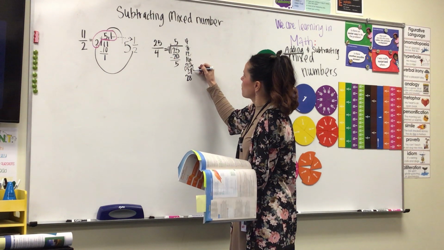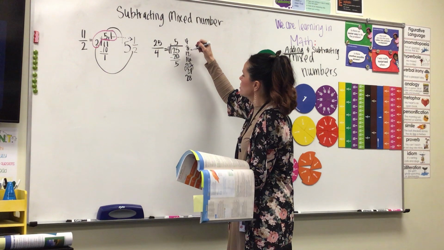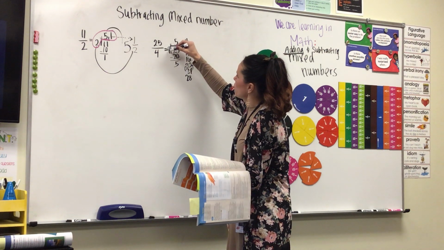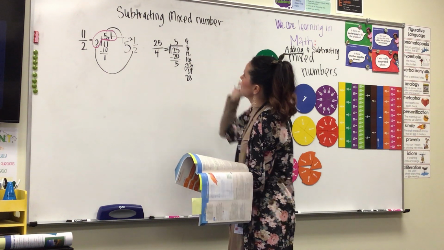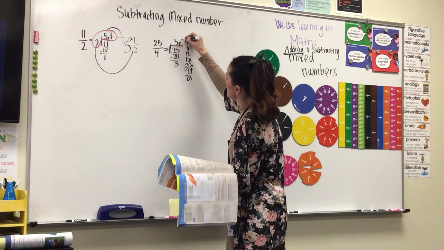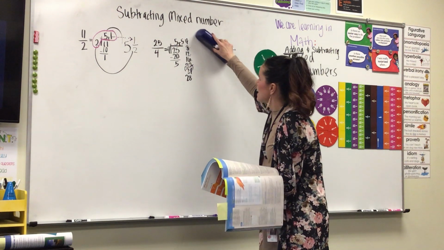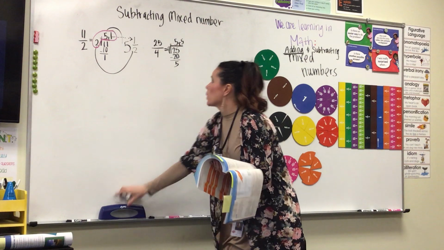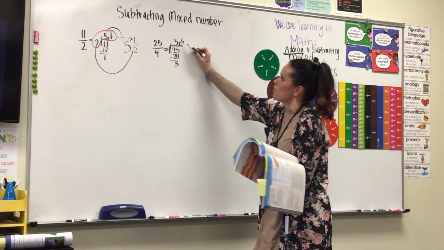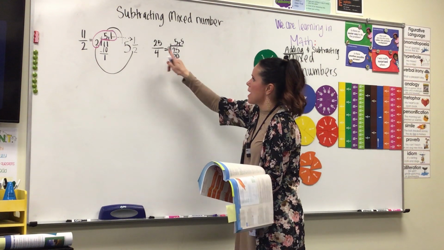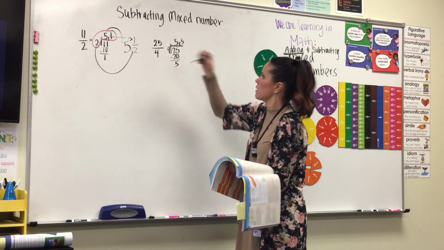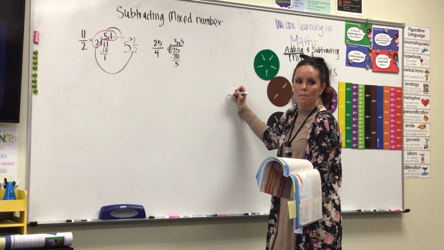So I needed to go down one more. So I will go 4 goes into 5. Well, that would be remainder 5. I messed that up, didn't I? Yeah. So what do I do? How do I fix that? Because I can't have a remainder that's greater than 4. So I need to go one more step higher.